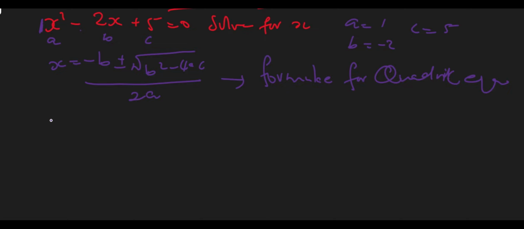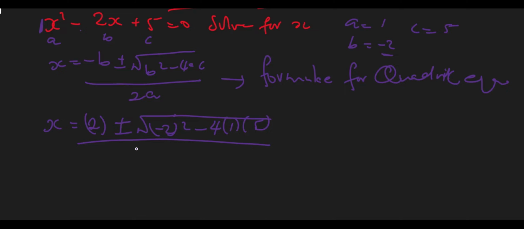So we will have x is equal to negative b, it will be positive 2 because my b here is negative, and negative times a negative gives me positive. Therefore, I have positive 2 plus or minus the square root of negative 2 squared minus 4. What's a? a is 1. c is 5. Everything over 2a, and my a is 1.